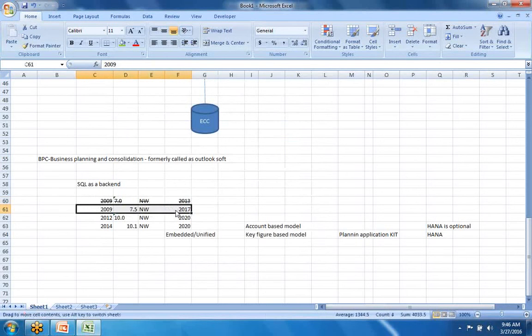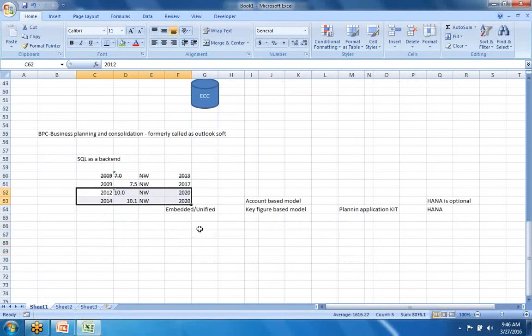This is going to be maintained by SAP till 2017. After 2017, the customers using 7.5 NetWeaver must upgrade to 10.0 or 10.1. Direct migration is also possible from 7.5 to 10.1. These two versions are being maintained by SAP till 2020.